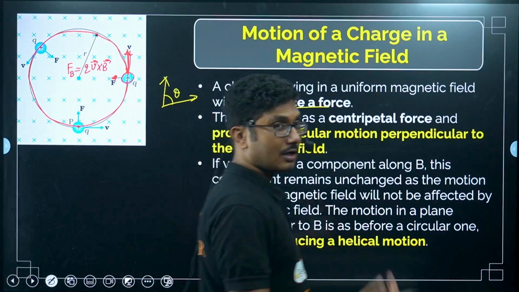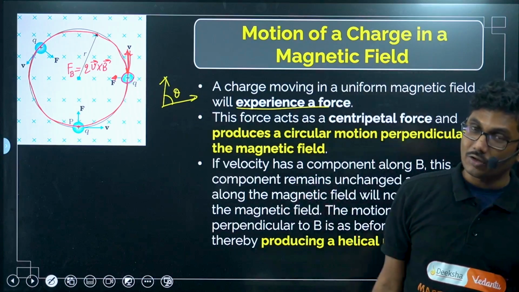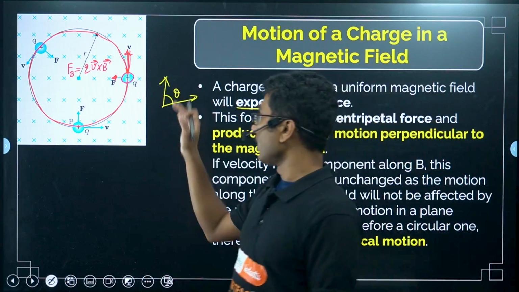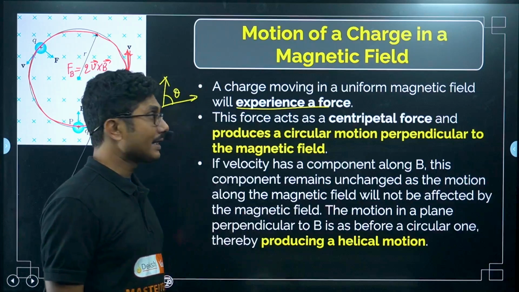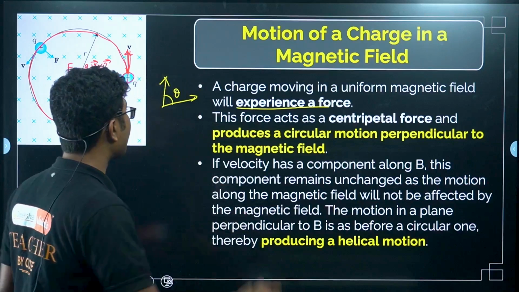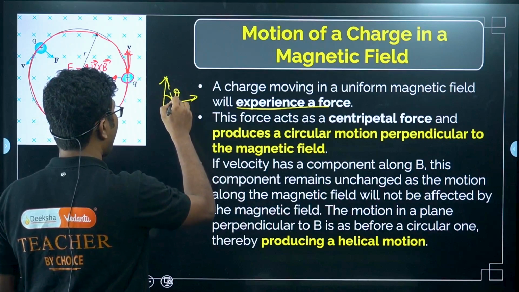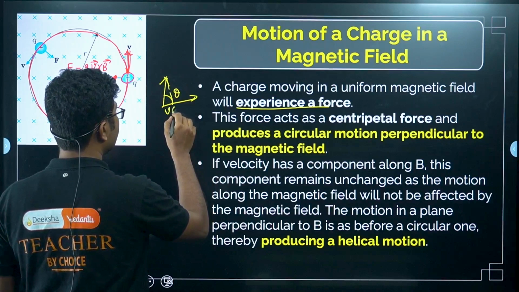Then you can take a cos theta component in the direction of B. That is important. You can take a projection, and say this is V cos theta.